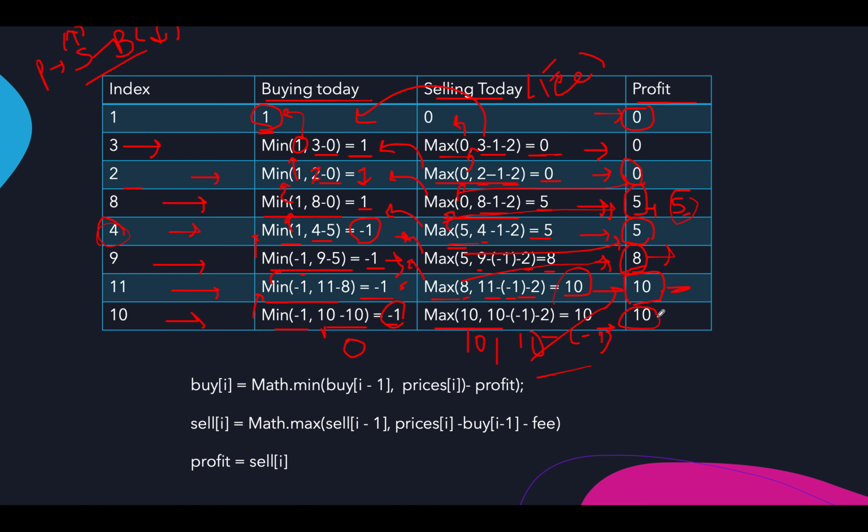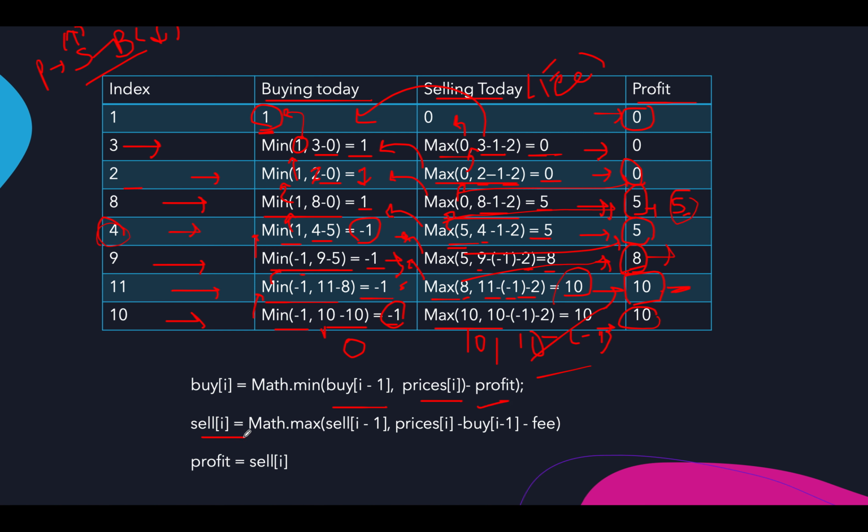I hope this part is clear to you. It's very simple. What we are targeting is to calculate the buying factor for each day, which will be the minimum of these two, the previous day buy and the price minus the profit that you have made so far.